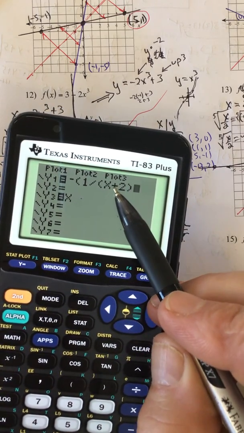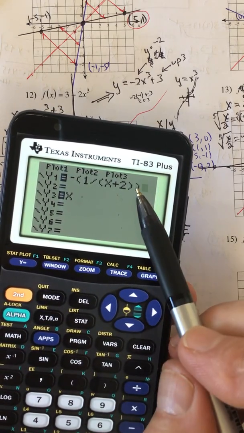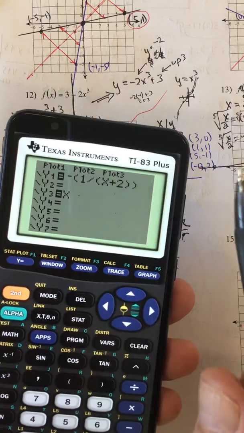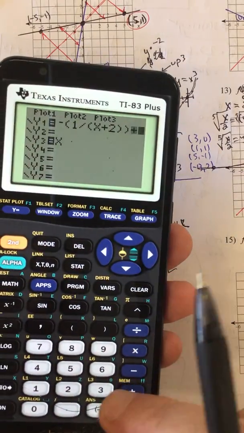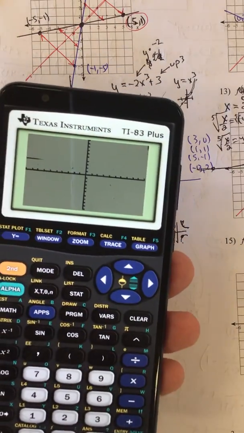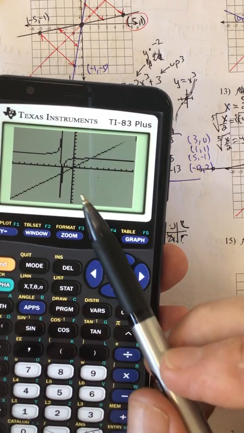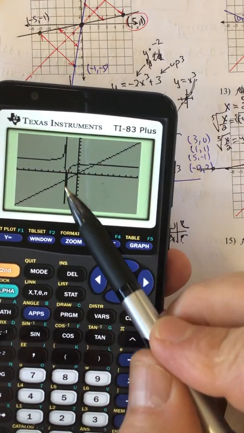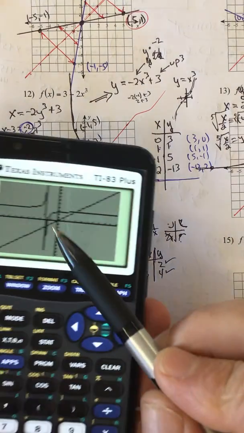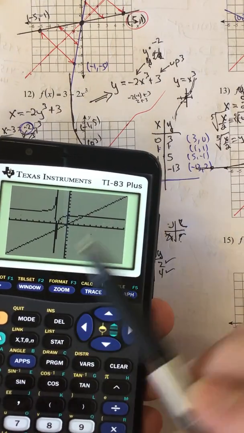That closes the package. That closes the 1 over. And then there's a plus 3. Okay, so sure enough, this is right there. And of course, I still have that diagonal in there.